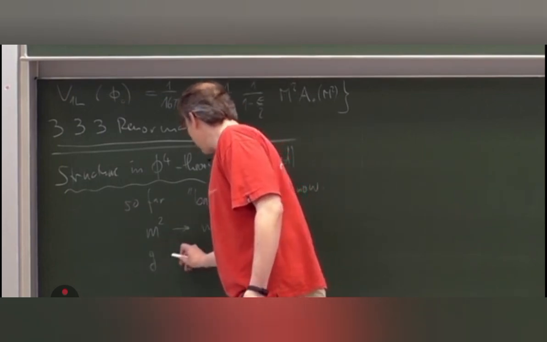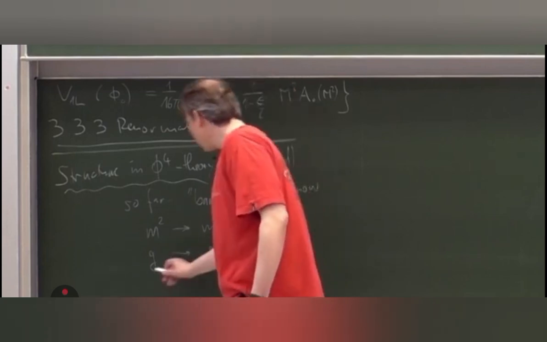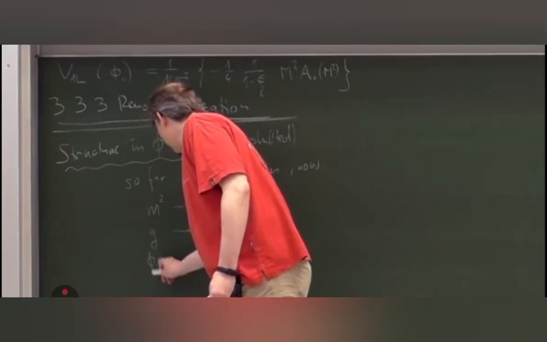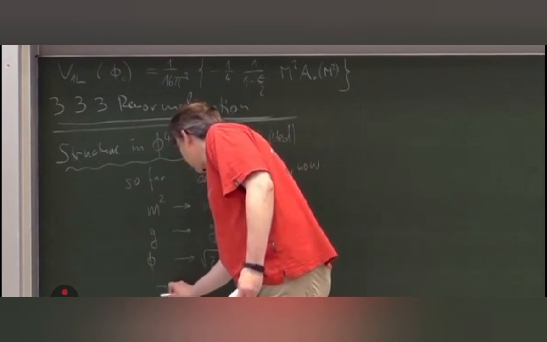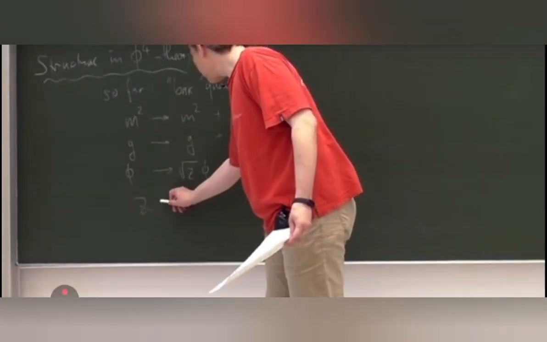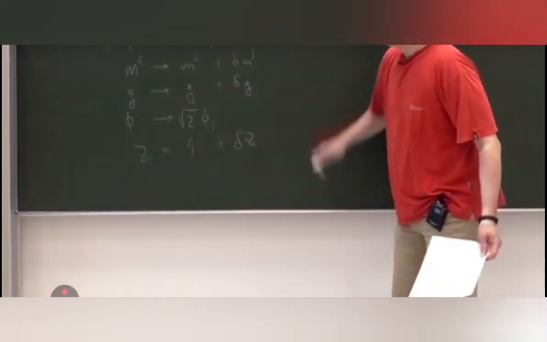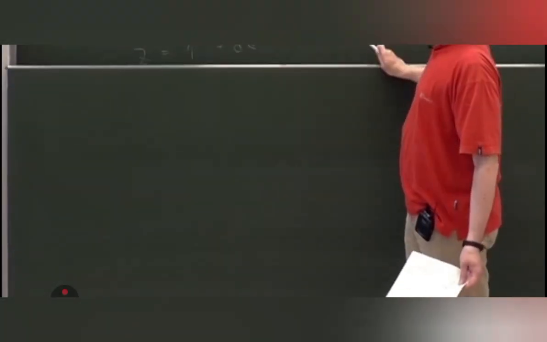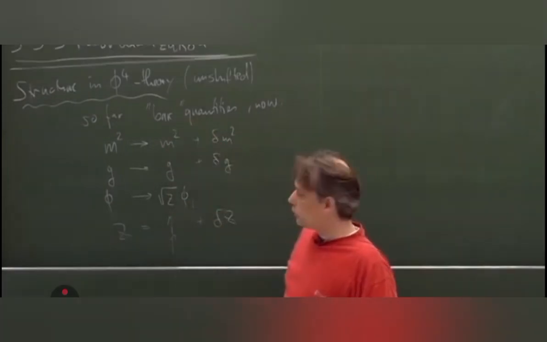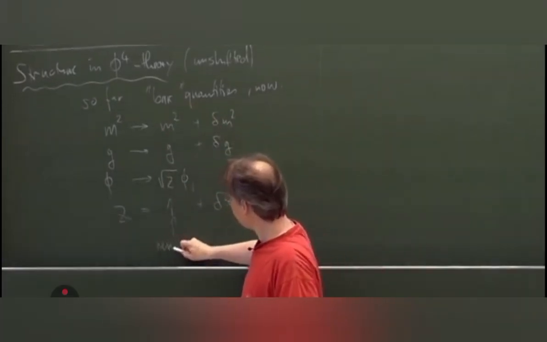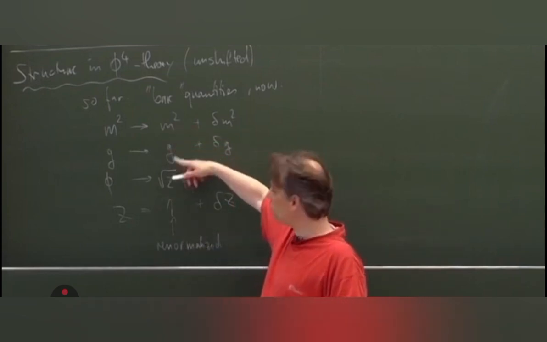The coupling constant g goes to g plus delta g, and the field phi goes to square root of Z times phi, and Z, the field strength renormalization constant, is 1 plus delta Z. In all these cases, by definition, we call that part here the renormalized quantities: renormalized mass, renormalized coupling, and so on.